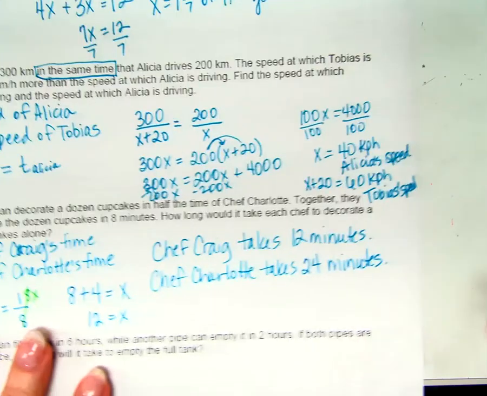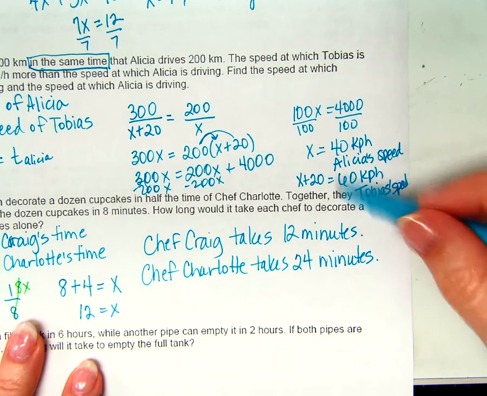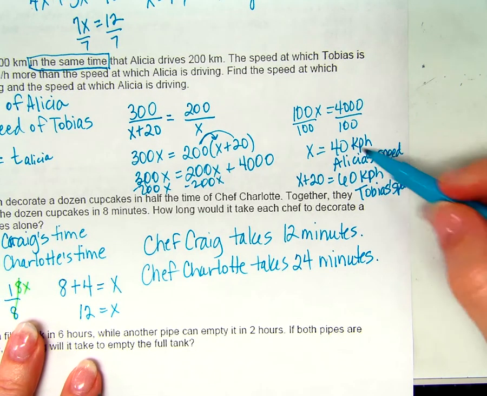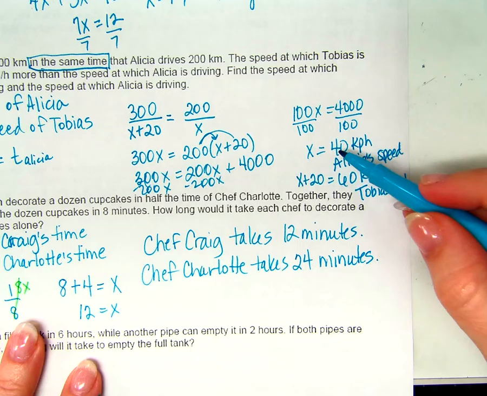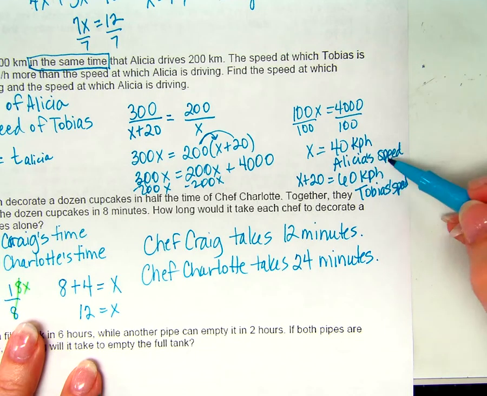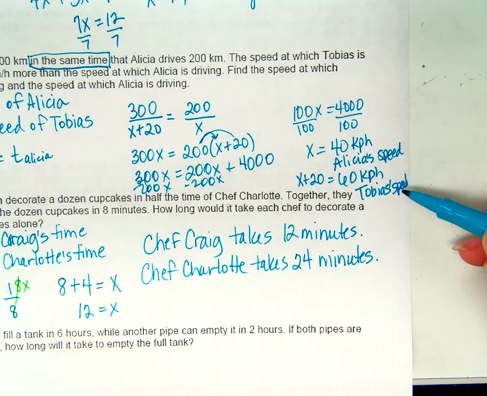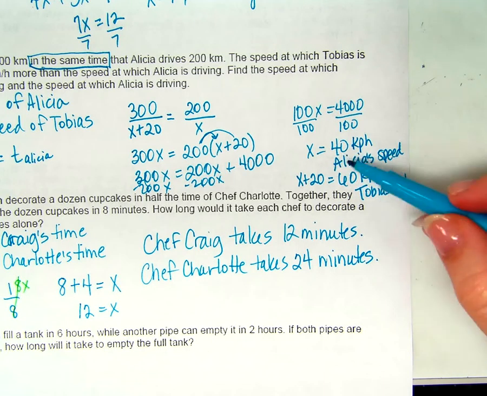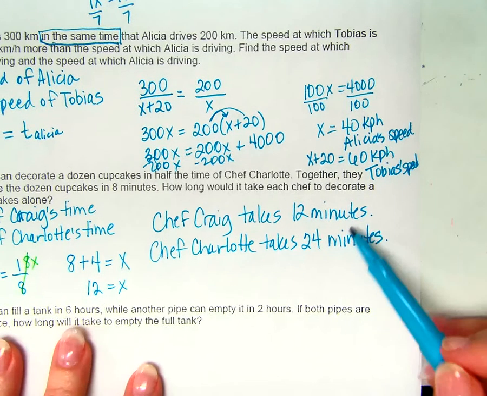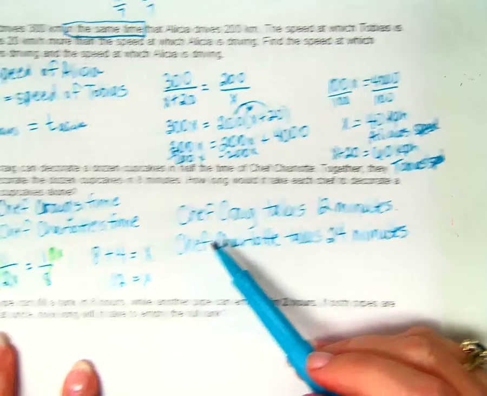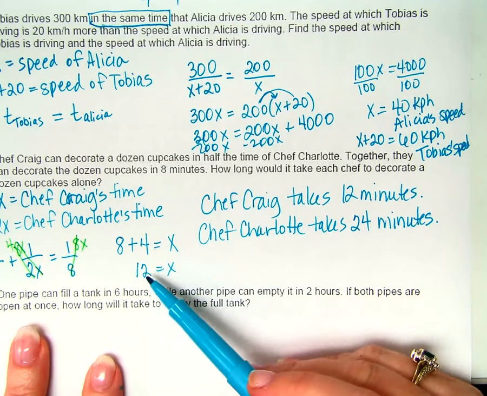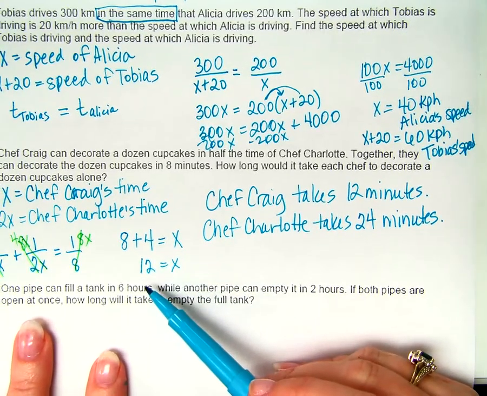There has to be some sort of explanation that you know what you solved for. Up here, I wrote x equals 40 kilometers, which is Alicia's speed. And then x plus 20 equals 60 kilometers, which is Tobias's speed. I could have easily written that as a sentence, right? Well, in fact, this one I did write as a sentence. I can't just write x equals 12, 2x equals 24.